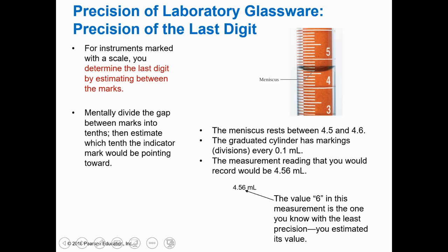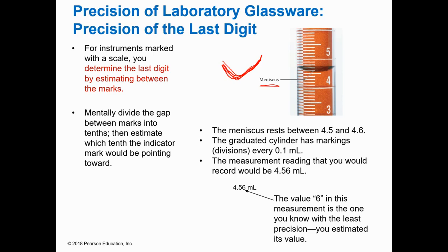All right, so here we're talking about precision in glassware, and I know there's a picture kind of similar to this on your measurement lab. So here we have this meniscus, and that's just a curvature in the liquid. It's because of some intermolecular forces and properties that go with those, which are from Chem 2. But we're reading the bottom of that meniscus.